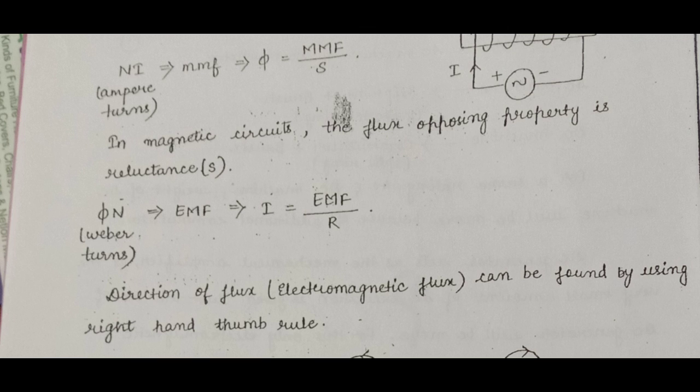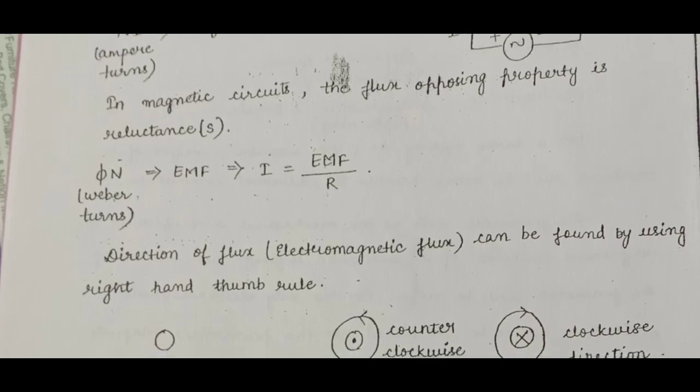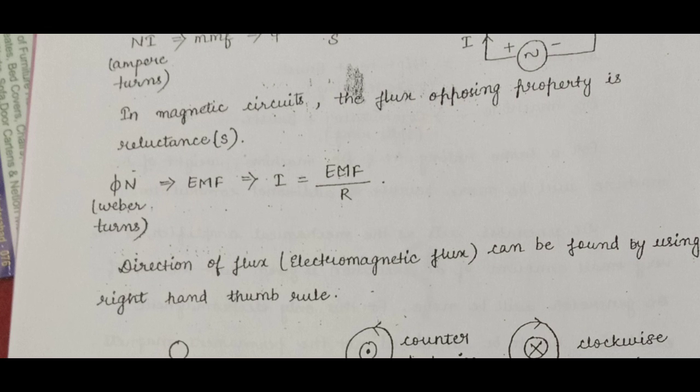MMF is Ni. In an electrical circuit, I equals EMF by R. R opposes the current, and S opposes the flux. Reluctance opposes the flux in a magnetic circuit, but in an electrical circuit, resistance opposes the current.